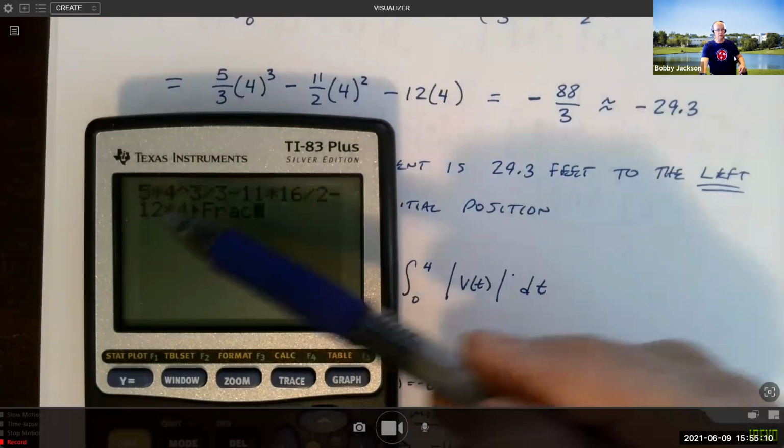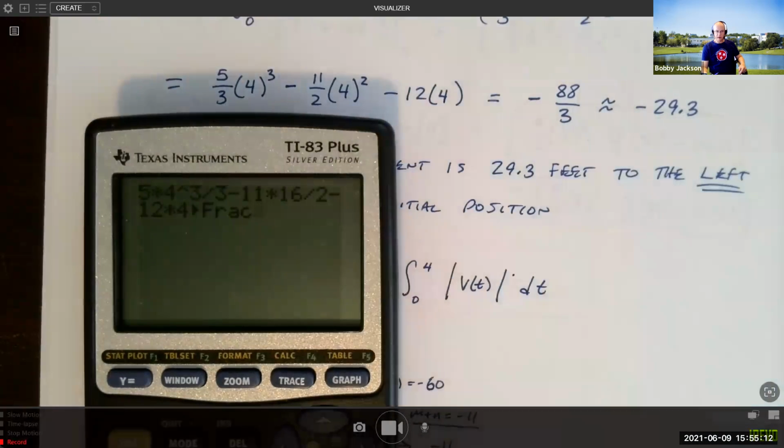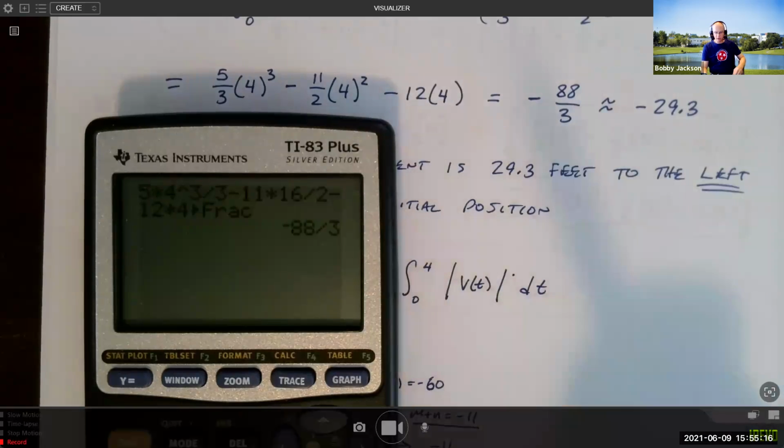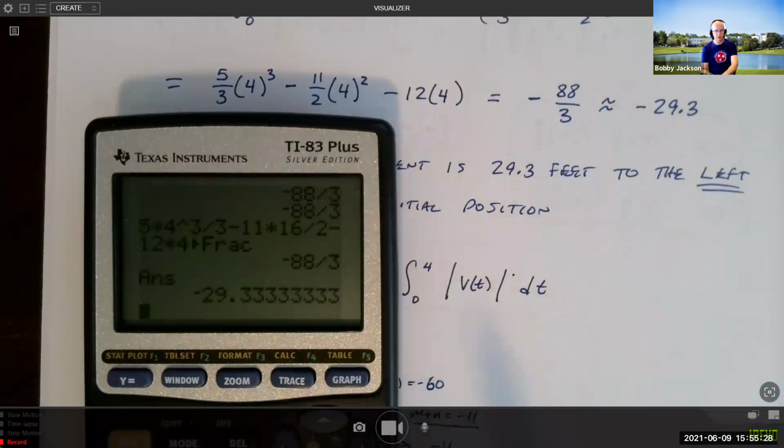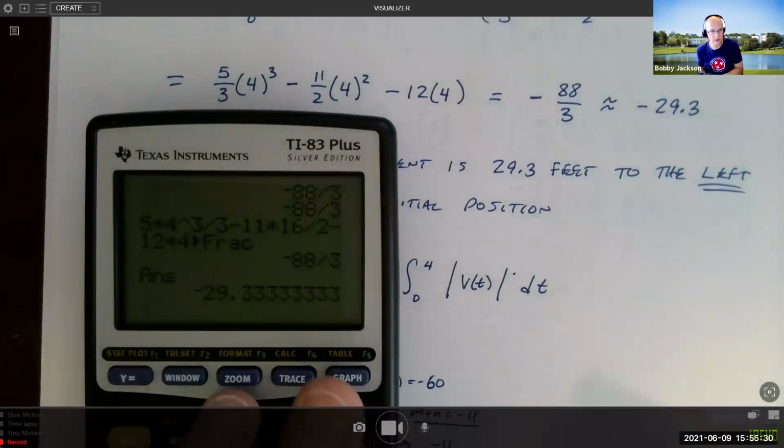Minus 12 times 4, and then use the convert to fraction key, and you can get that result, negative 88/3. And then if you want to, let's do answer. And then you'll get the approximation, negative 29.333. So there it is.